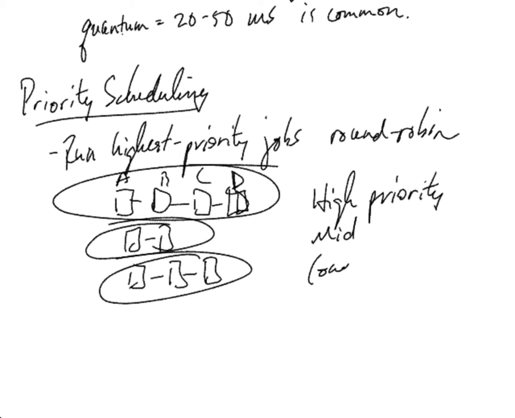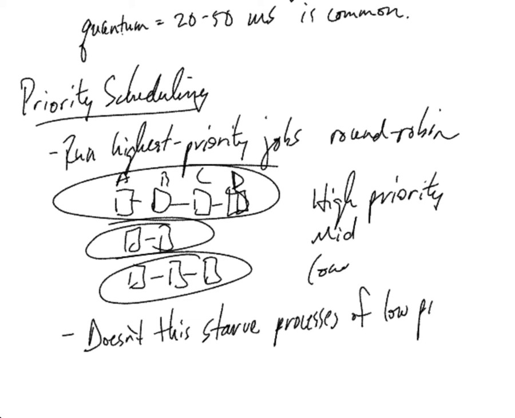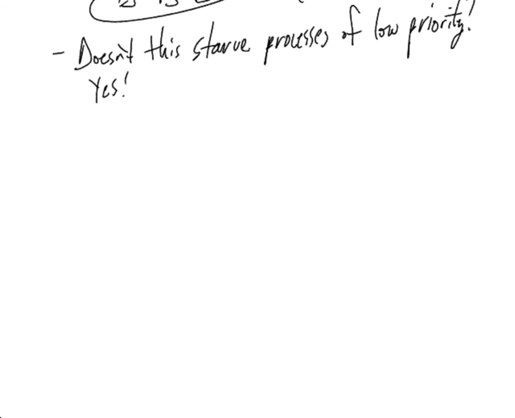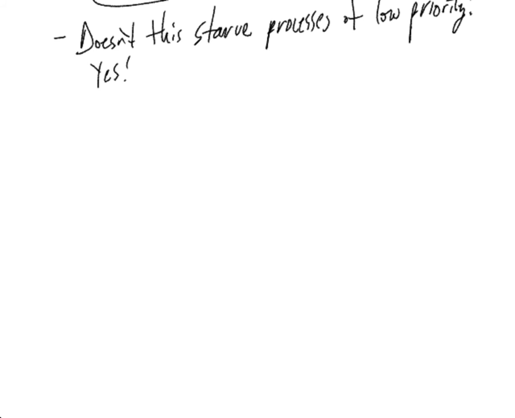Now, there's an obvious problem. Doesn't this cause starvation? Starve processes, specifically processes of low priority. In other words, are those jobs ever going to get a chance to run? And the answer is yes, it does, of course, but we can take measures to minimize that problem. In fact, we can get rid of the problem entirely.